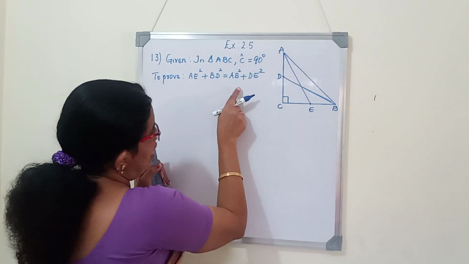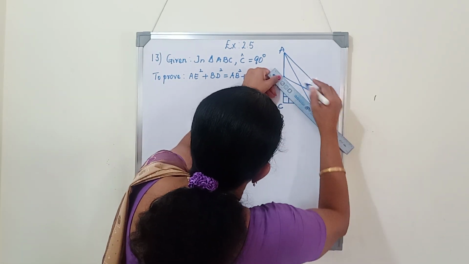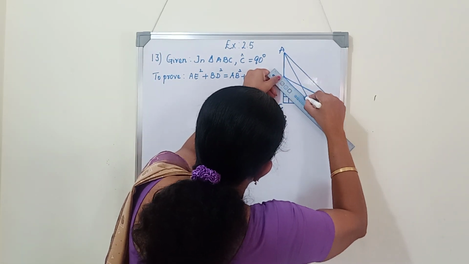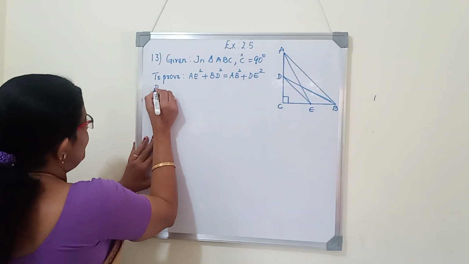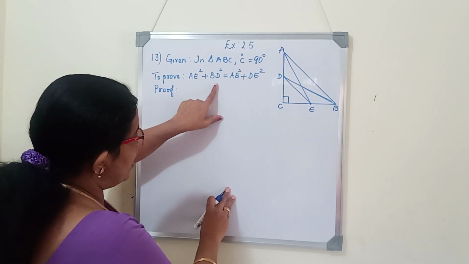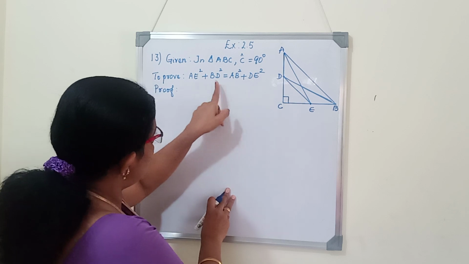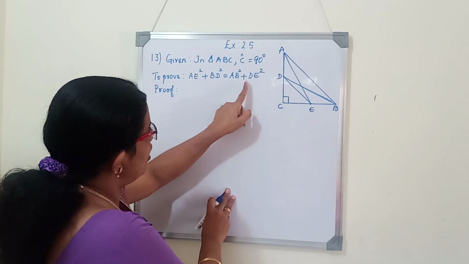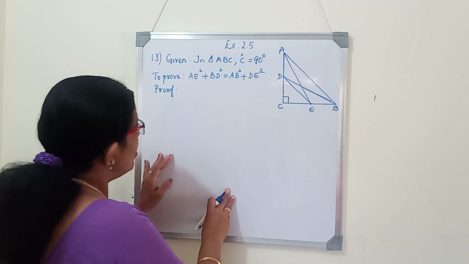AB already side is there, and DE. Now we will join D and E. Now proof. So as we wanted to prove that AE square plus BD square equals AB square plus DE square, A and E we have to join, B and D we have to join, D and E we have to join. Already AB is there.